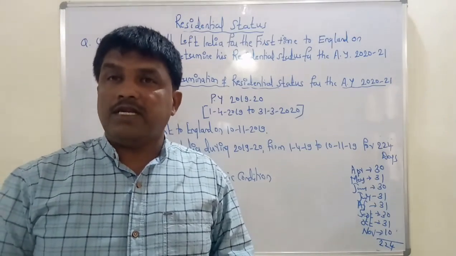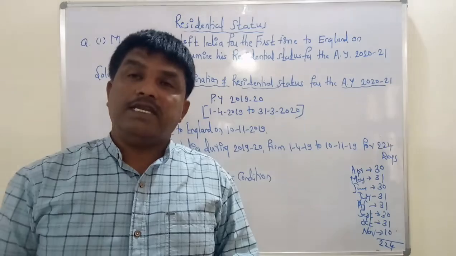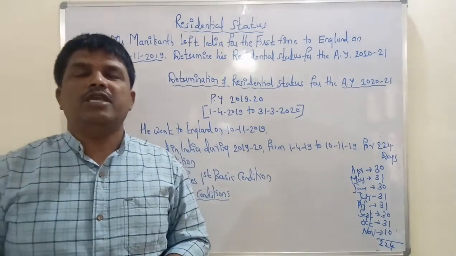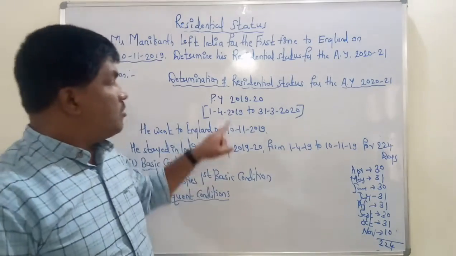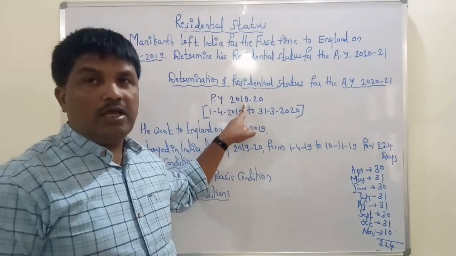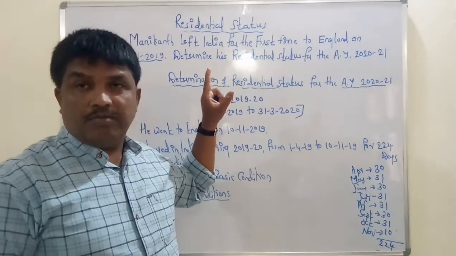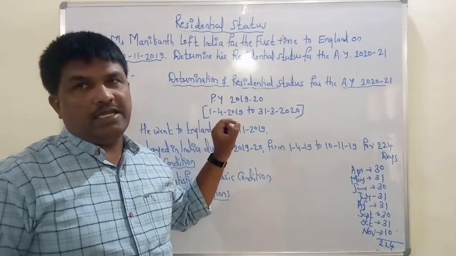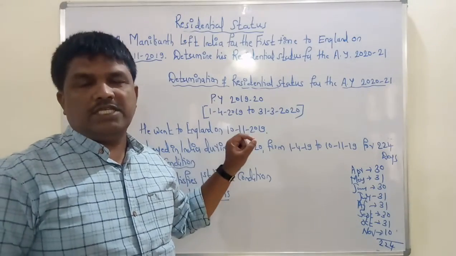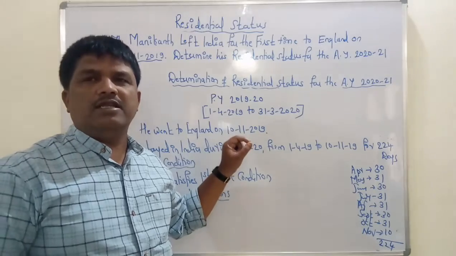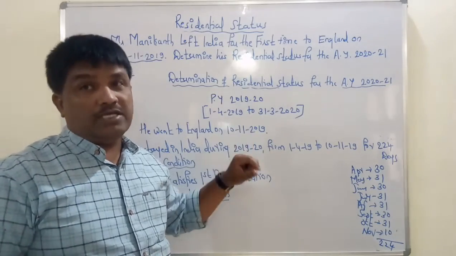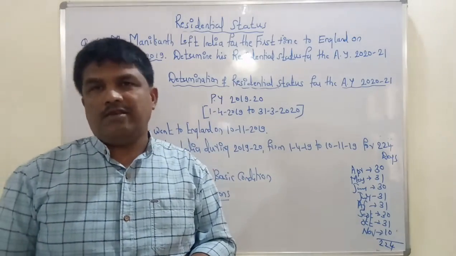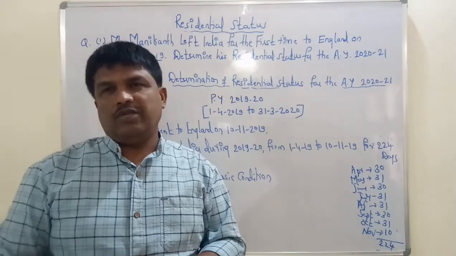He must be resident in India in 2 out of 10 previous years immediately preceding the previous year. It means before our previous year 2019-2020, out of the 10 preceding previous years he must be resident in India in at least 2 previous years. But actually in this problem he was resident in India in 10 out of 10 previous years, because he left India for the first time on 10/11/2019. It means he satisfied the first subsequent condition.